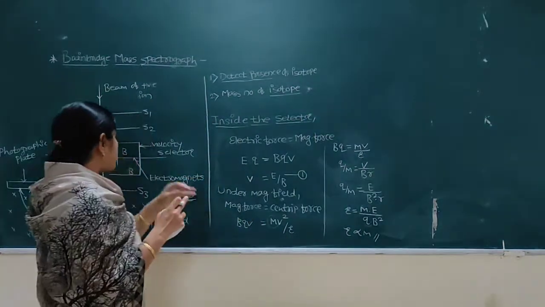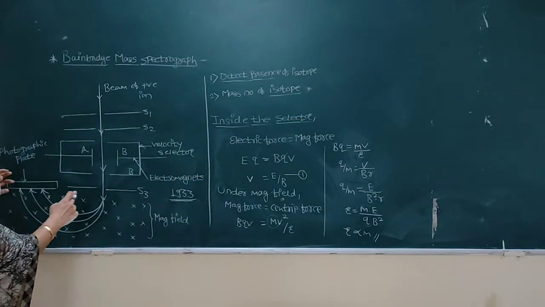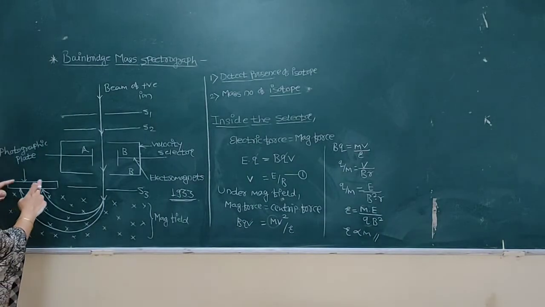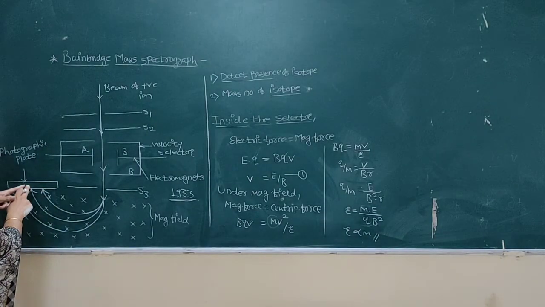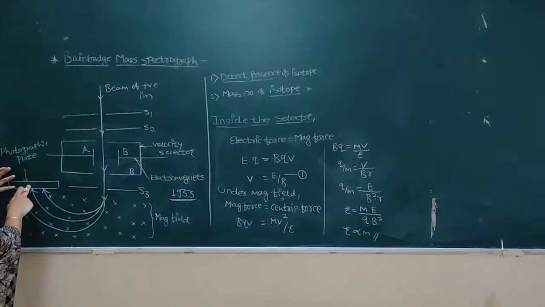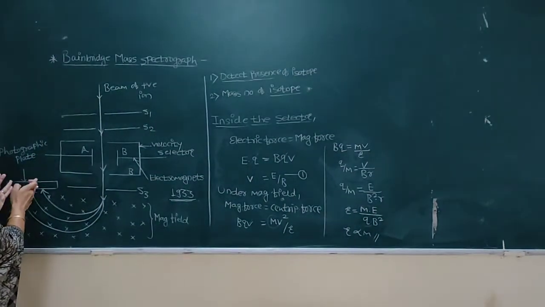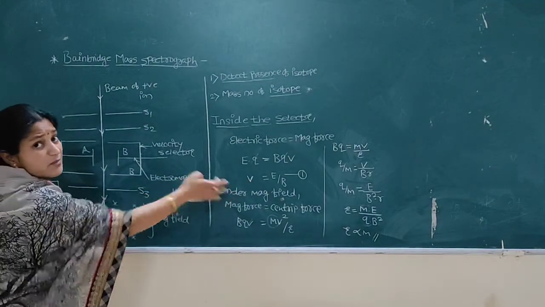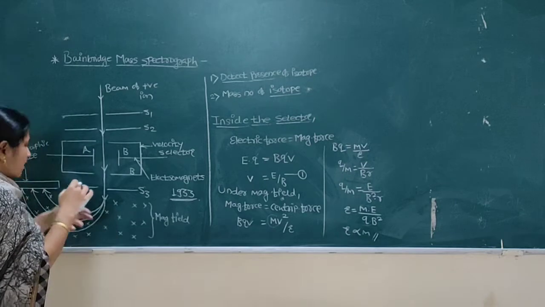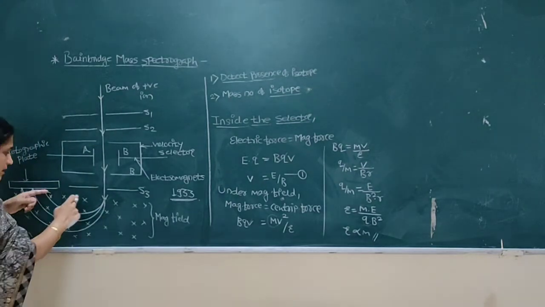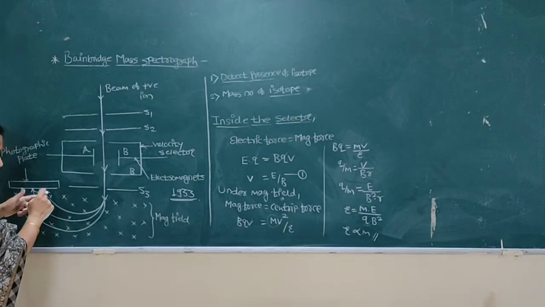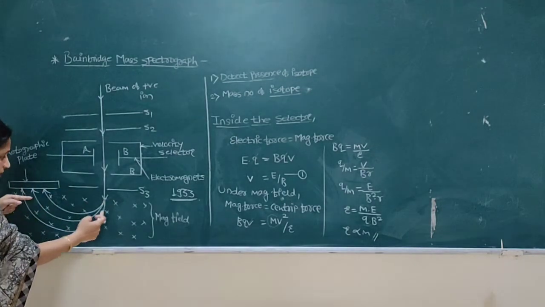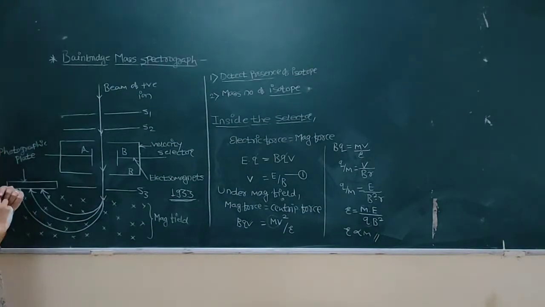Now after that what happened? Finally the ions fall to focus on this photographic plate, and they are incident at different points, depending upon the values of the mass. If the particle is lighter, then we get a small semicircle, and if the particle is heavier, then we get a larger semicircle.